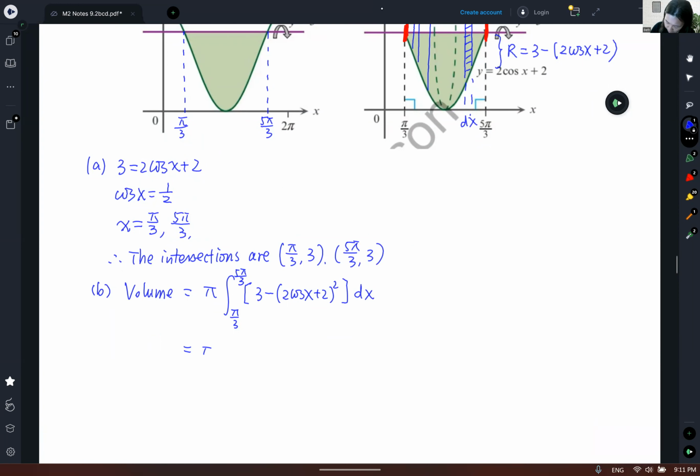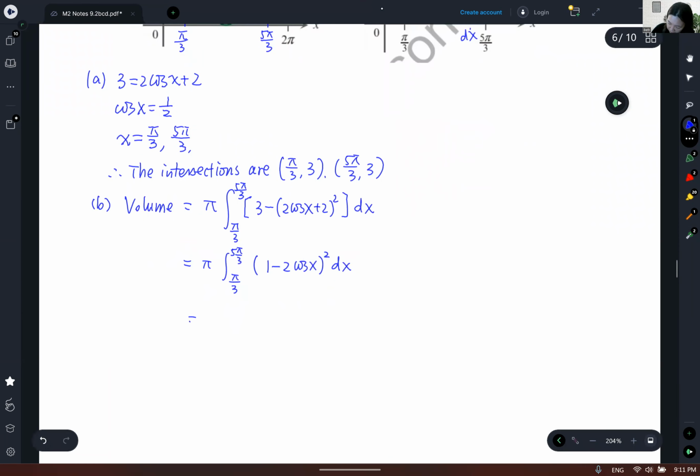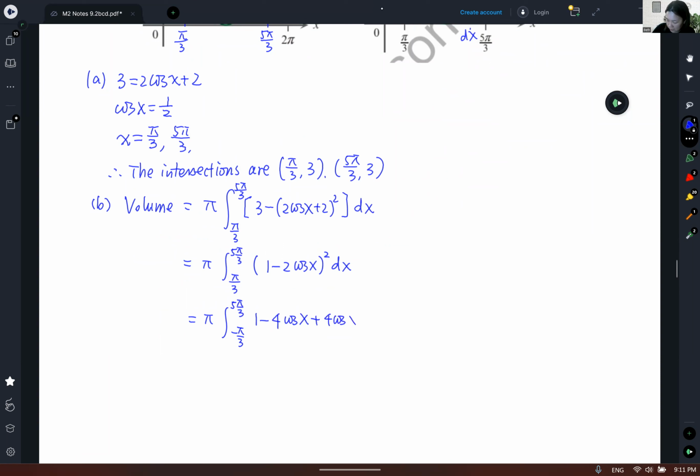Simplify. This is (1 minus 2 cosine x) squared dx. Further simplify: 1 minus 4 cosine x plus 4 cosine squared x.